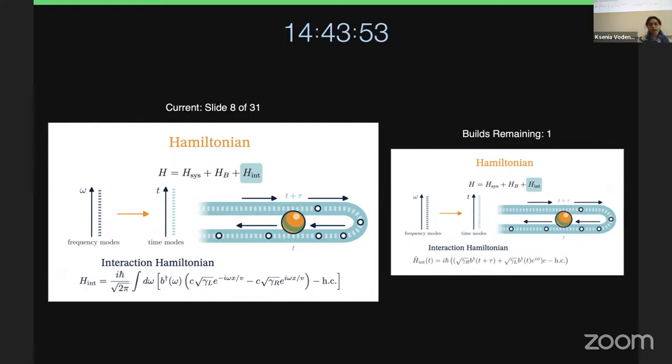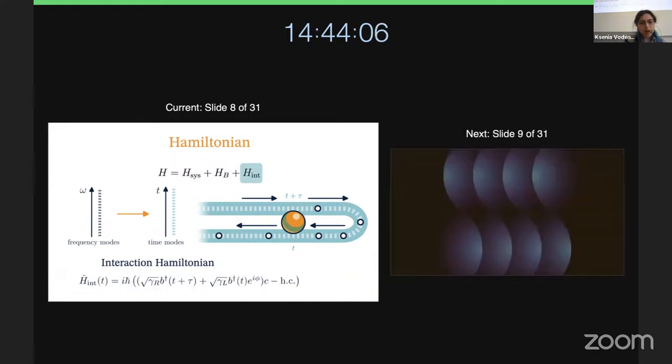And you can see again that there are two time modes with which our atom interacts at one specific instant. Again, those are the left and right propagating modes. And thus we can rewrite our Hamiltonian, and you can see these two time modes, and the difference between them is exactly the delay time tau.